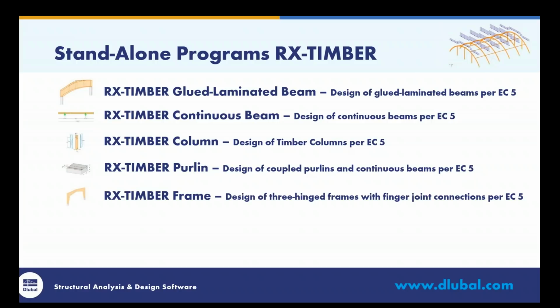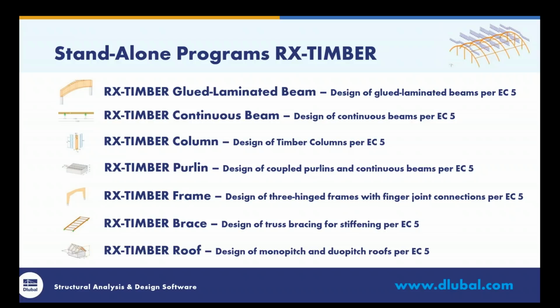Then we have the program Frame for the design of 3-hinged frames with finger joint connections. We have the design for truss bracing for stiffening, and we have the module RX-Timber Roof for the design of monopitch and dual pitch roofs. All of these are available for Eurocode 5.